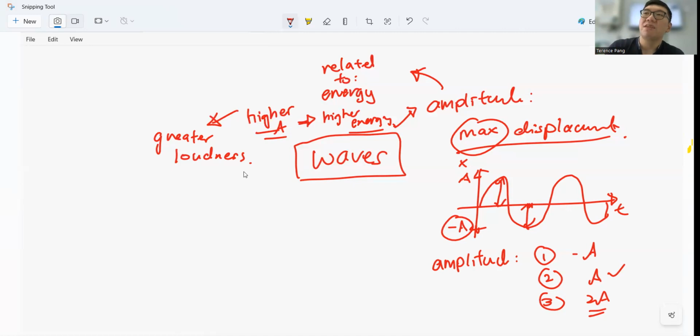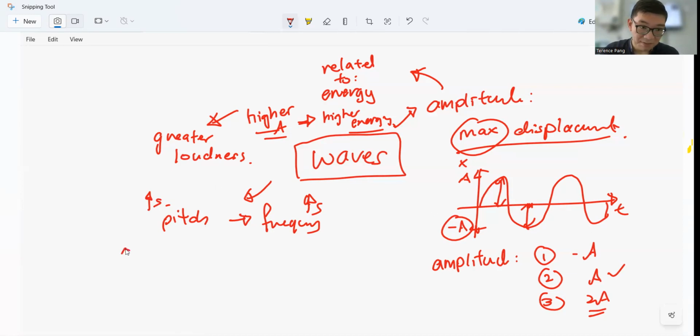You talk about pitch. What is pitch related to? Pitch is related to frequency. So higher frequency, higher pitch. Frequency is related to what part of the graph then? The x-t graph again. Okay, so let's say I draw this.